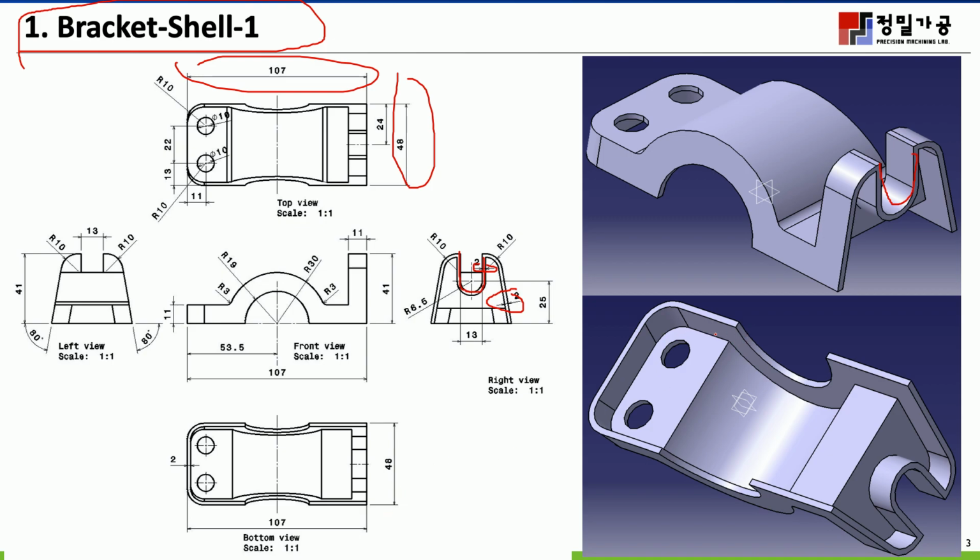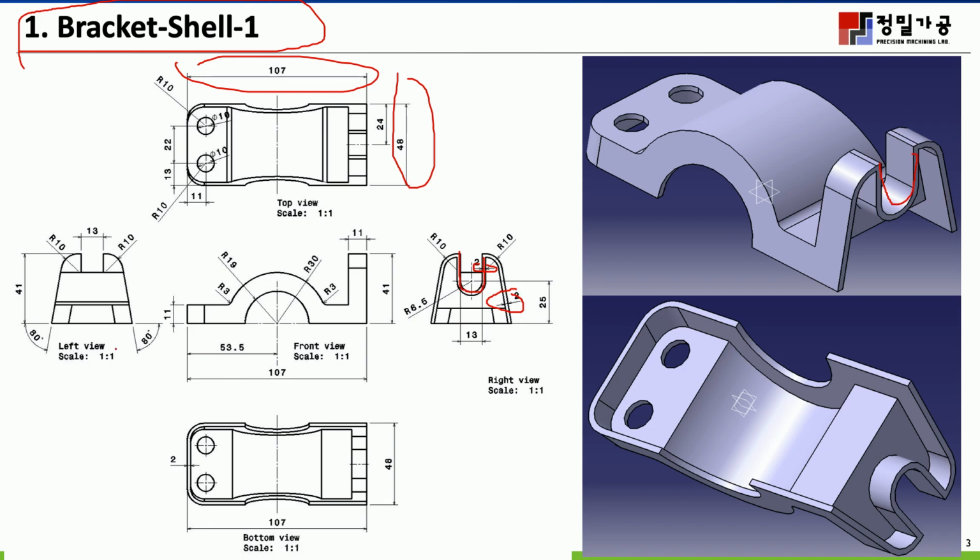There is nothing special inside, no fillet. I think we just shell in this surface and this surface, so we make a thickness of about 2.